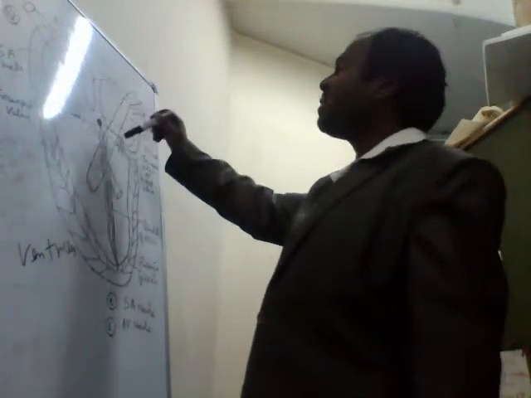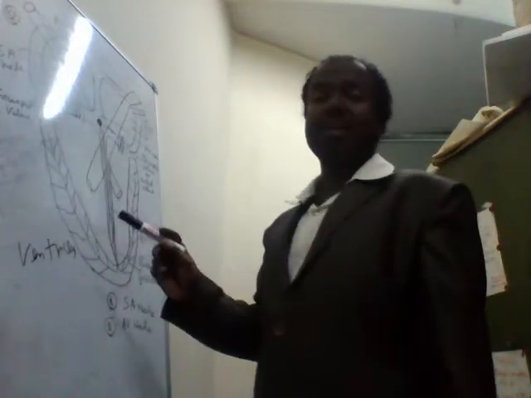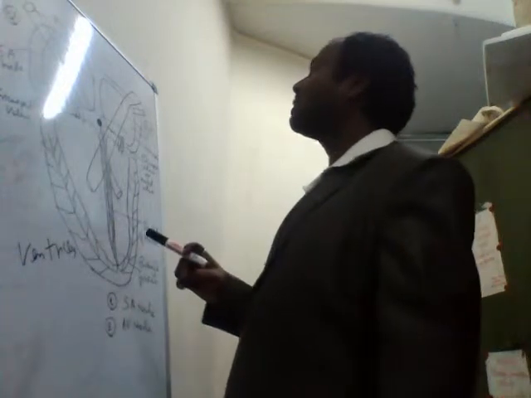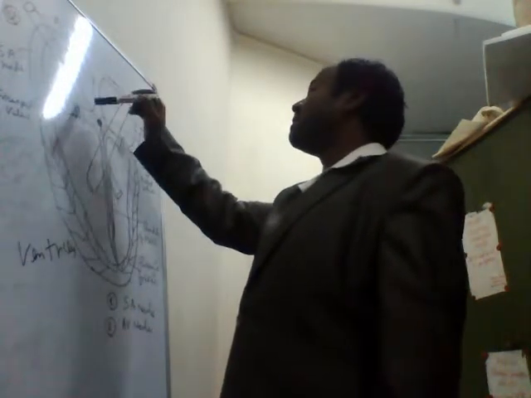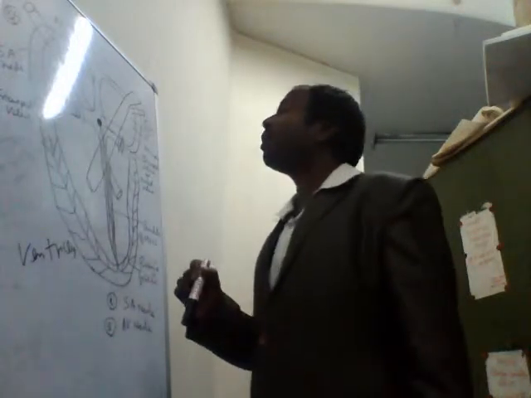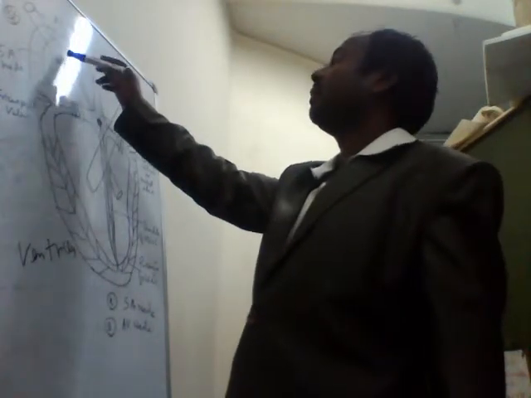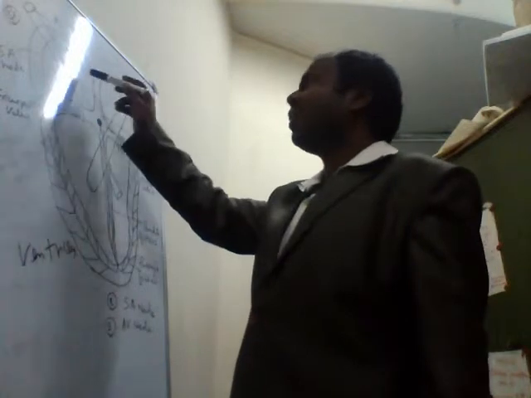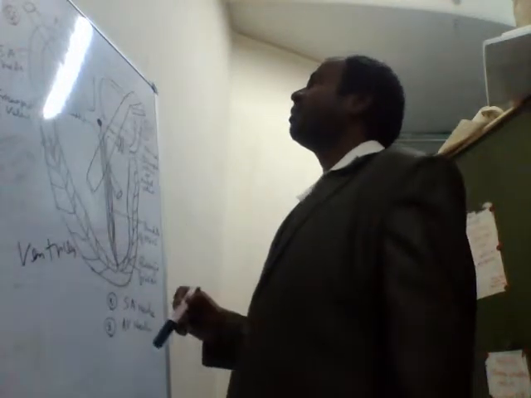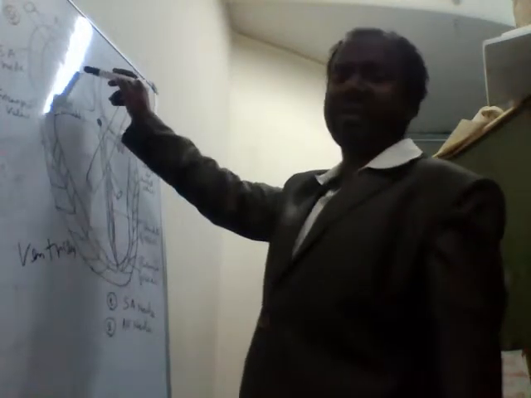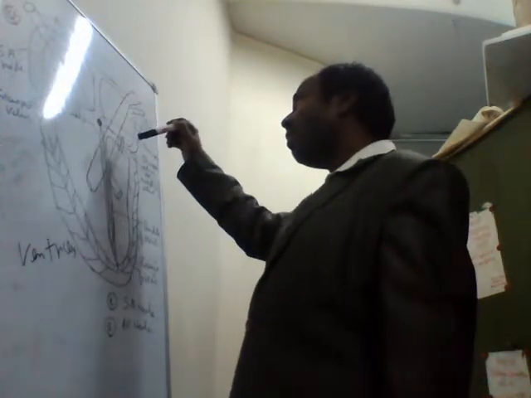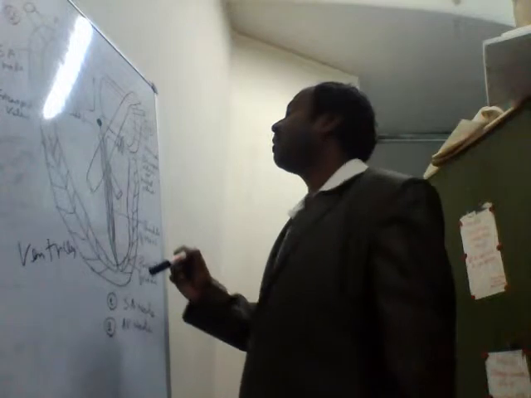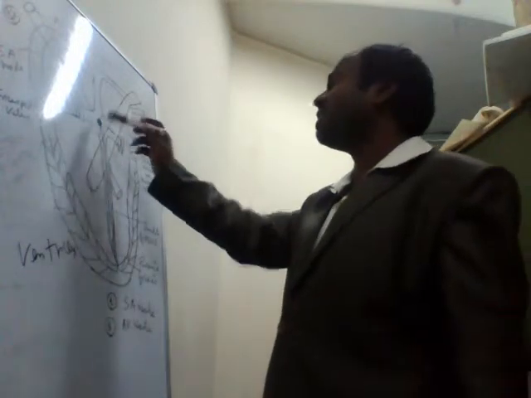There are two types of node receiving the electric impulse from the pons, medulla oblongata, and midbrain. So these impulses are received by the sinoauricular node, which is situated in the right atrium, and between the auriculoventricular septa, or AV septa, the AV node is situated.